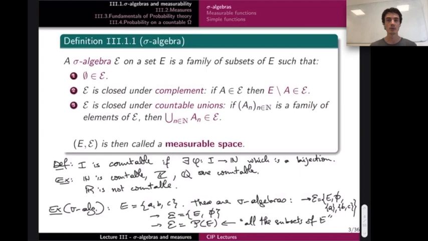It's the smallest sigma-algebra that you can ever construct, whatever E. The second is probably the biggest because you take all subsets of E. And this one is intermediate. You still have E and the empty set, and you can check that everything we need is indeed in there. And you can construct other ones, of course, which are not this one or this one.